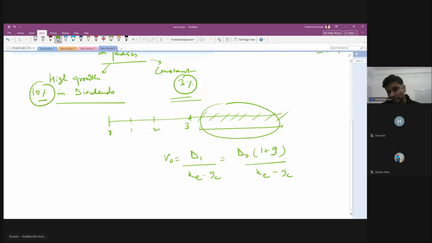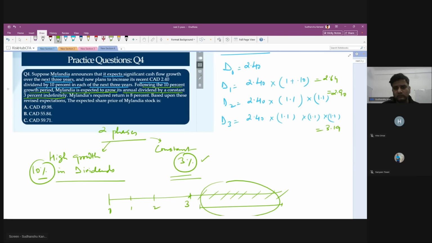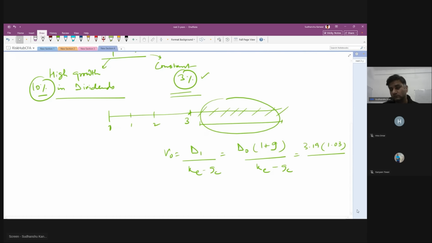And D naught for this period is D3, which is 3.19, into 1.03, since 3% is the growth in this period. KE is the same 8% required return. So 3.19 into 1.03 divided by 0.08 minus 0.03 comes to 65.80.